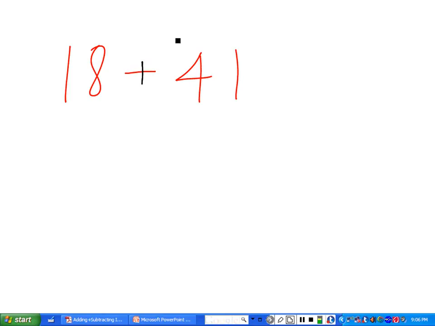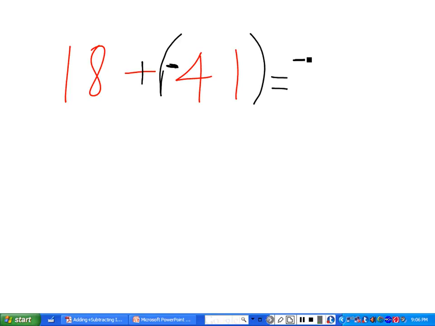And in this presentation, it recommended that you put a parenthesis around the second number and then change your sign to the opposite sign, but you don't have to. Now, since we have opposite signs here, or different signs, we're going to do the difference of these two numbers and take the sign of the higher number. So which is the higher number here? 41 is. And it's negative, so I know that my answer is going to be negative.